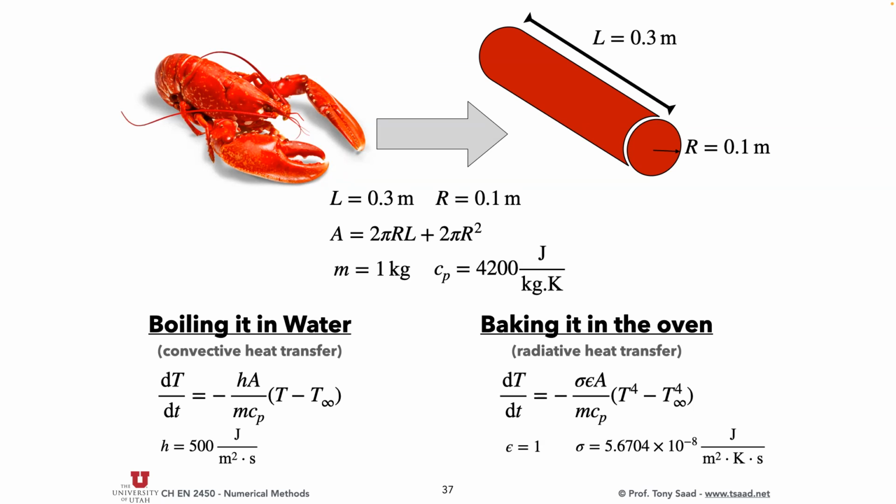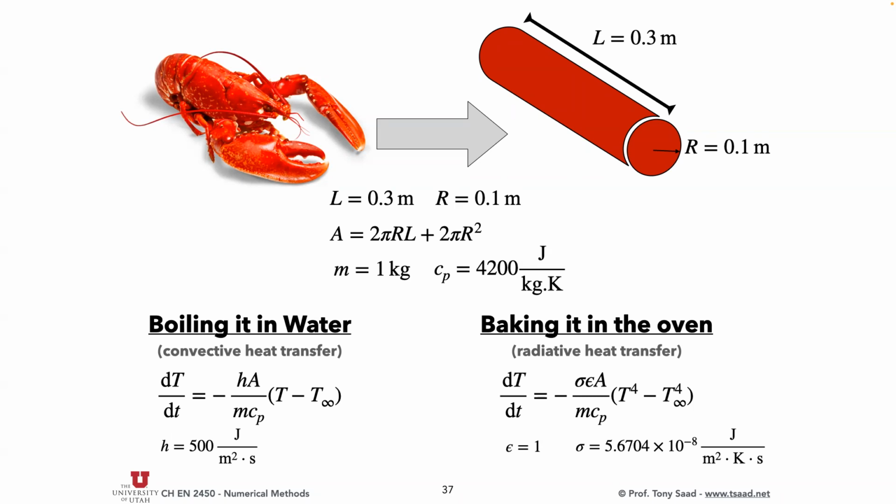So for air, the convective heat transfer coefficient is lower by orders of magnitude, a factor of 10 or 100, compared to water, for example. Water and oil are about the same in terms of convective heat transfer coefficients, and it depends on the temperature you're at.